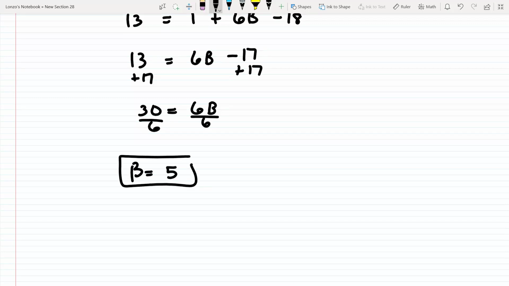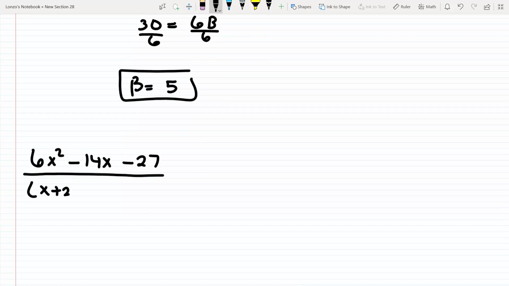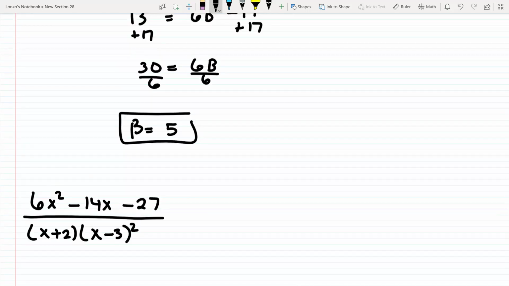Okay, so our final answer in decomposition is going to be this. So we know that our a value is 1, my b value is 5, and then my c value is 3.